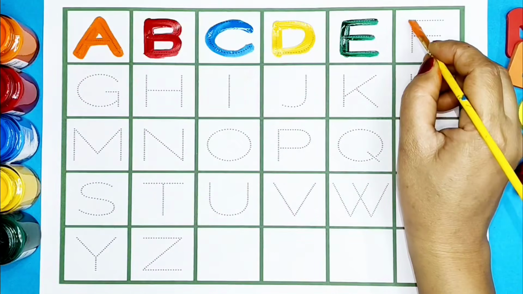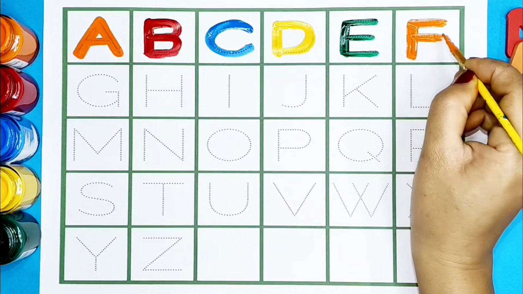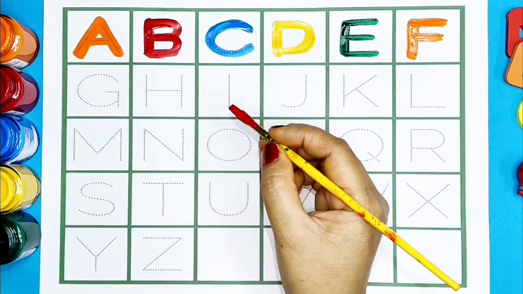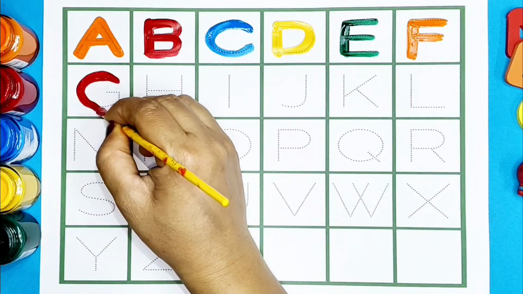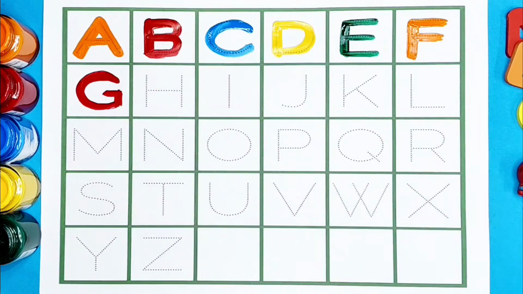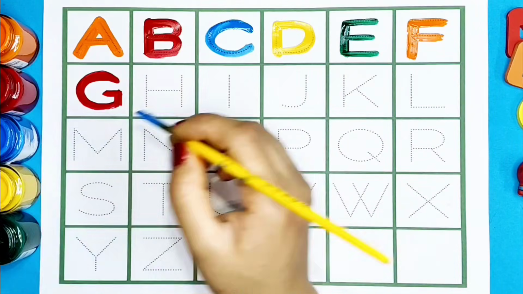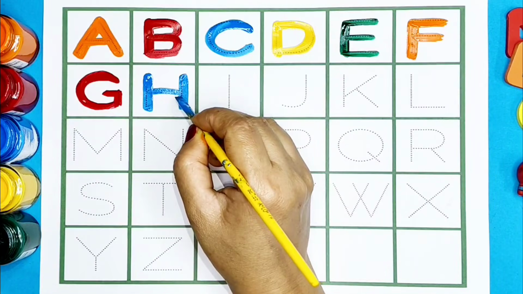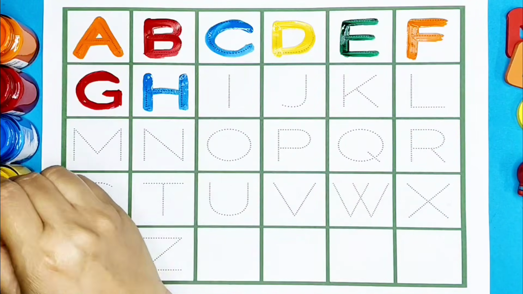Orange color. F for fish. Red color. G for goat. Sky blue color. H for horse.